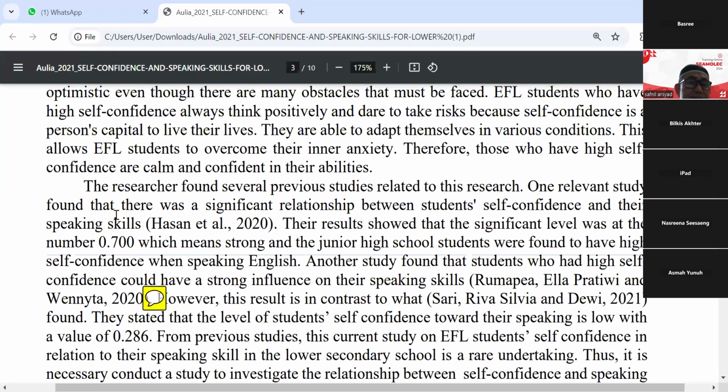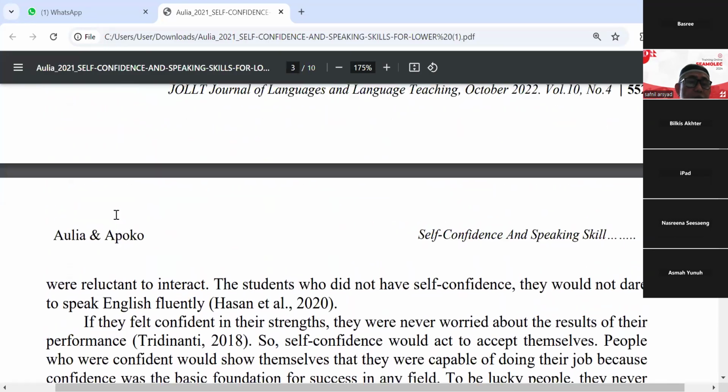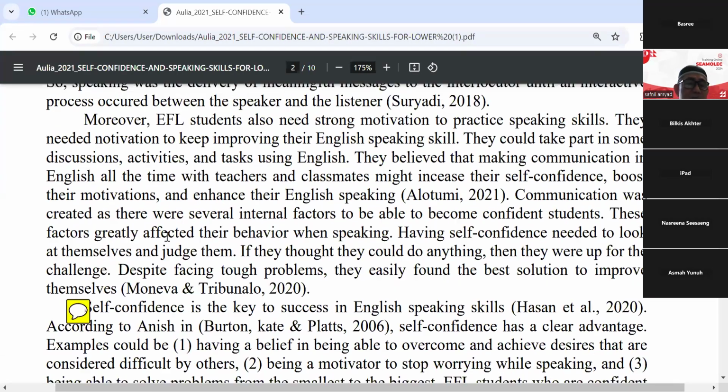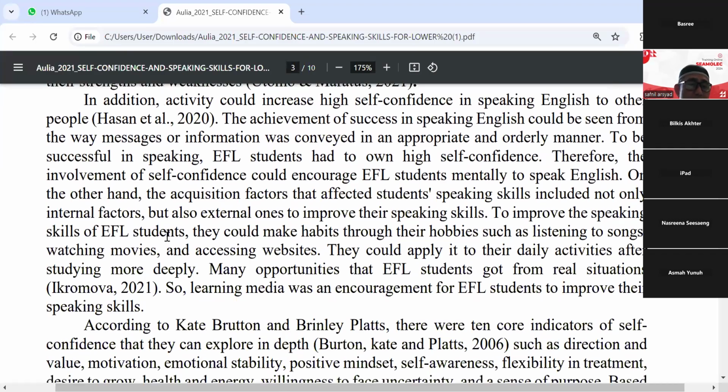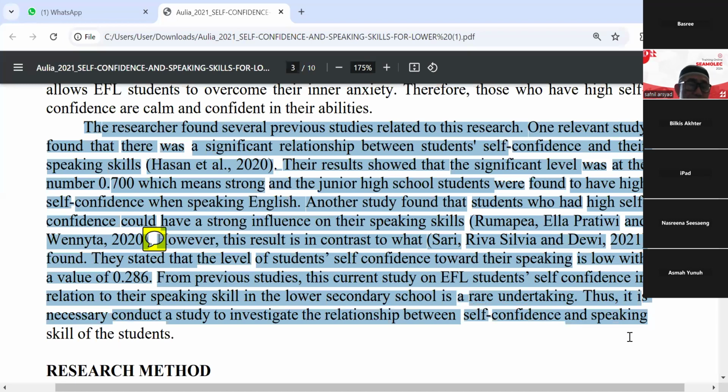So the weakness of this article is that the introduction is too long. The discussion about the importance or the theory about the title is too long, while what you have to write more is the literature review. And why do you need to write more? What do you mean by literature review? It is the findings from other researchers, right?